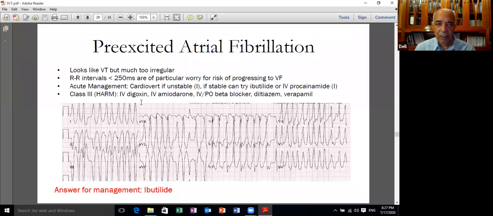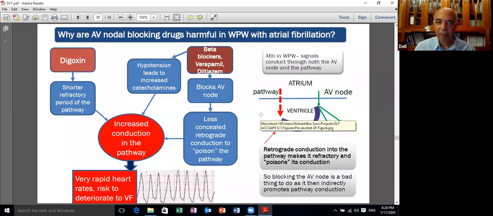Don't use IV digoxin, don't use IV amiodarone, because these two drugs will facilitate the conduction through the accessory pathway, since they shorten the refractory period of the accessory pathway. And don't use beta blockers, diltiazem, and verapamil, because they block the AV node, and hence all the impulses coming from the atrium in atrial fibrillation will be forced through the accessory pathway and produce ventricular fibrillation.